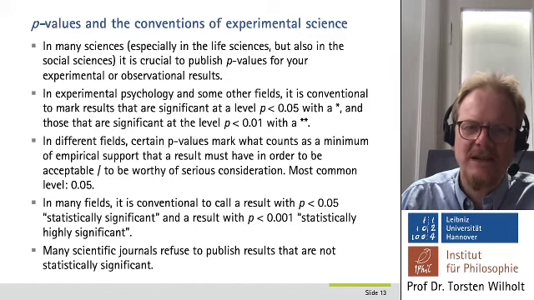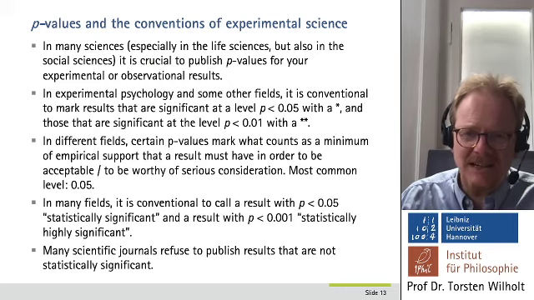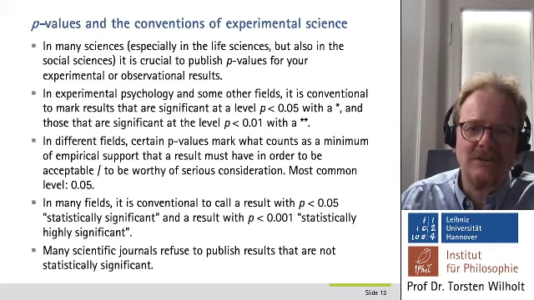Of course, when we're talking about statistical hypotheses, about probabilistic hypotheses, no result is ever completely incompatible with the hypothesis. It just gets more and more unlikely to get this kind of result.